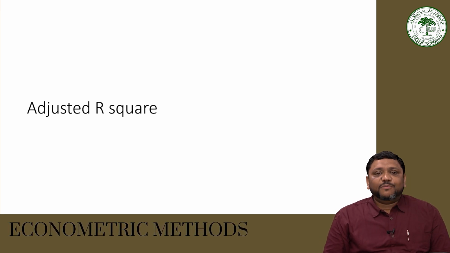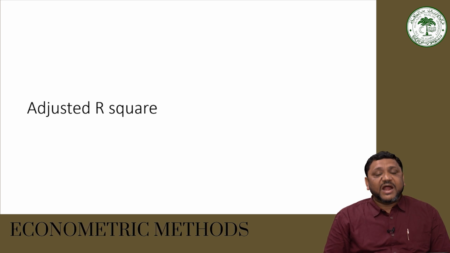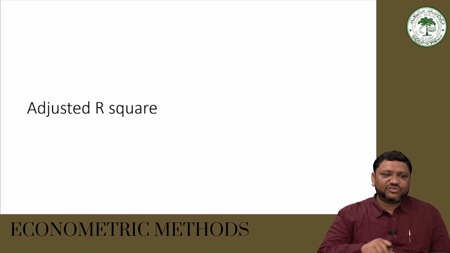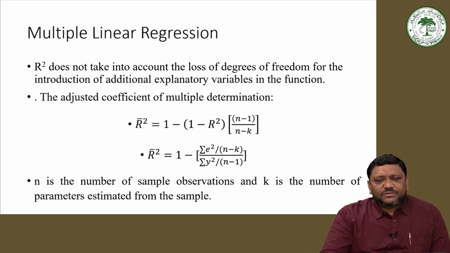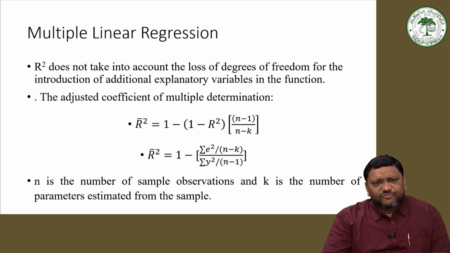But apart from r square, there is an additional concept of adjusted r square in the case of multiple regression. When we add a variable, we also lose certain degrees of freedom.